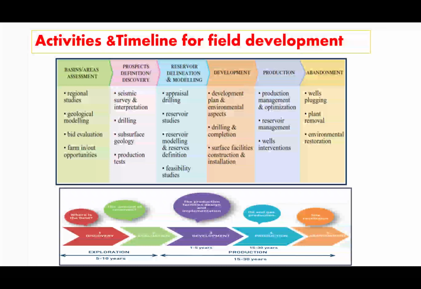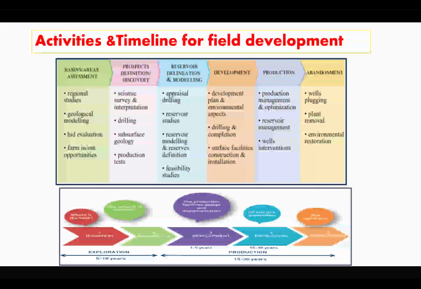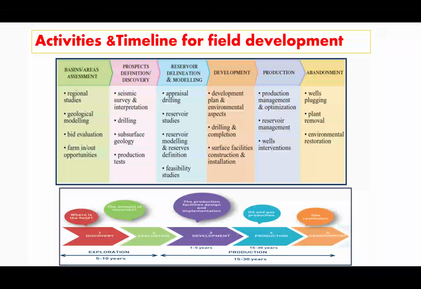Then we do the evaluation. Once you have the discovery finalized from the exploration stage, we do the evaluation that we call the appraisal stage. Once the appraisal stage is completed and says the prospect you have identified is feasible for production, then we go for the production stage.